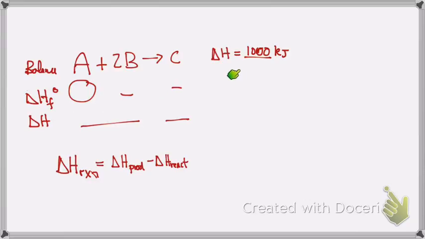Well, if you have this energy and you have the energies of formation for B and C, this is the only unknown you have left. So you do this whole calculation, go all the way down to here and just leave this value as an unknown x. So this will be x, and down here this is equal to the quote-unquote 1,000 kilojoules. And you can solve for the one that's left to calculate.